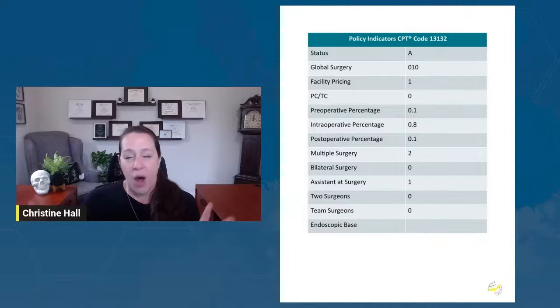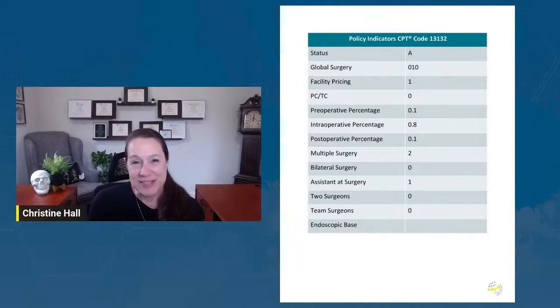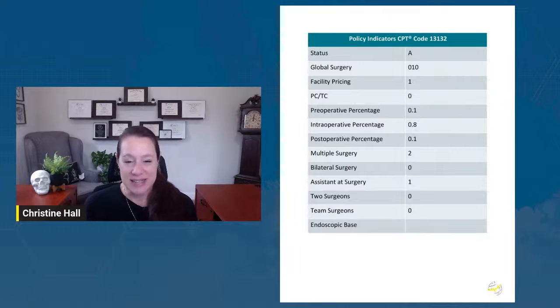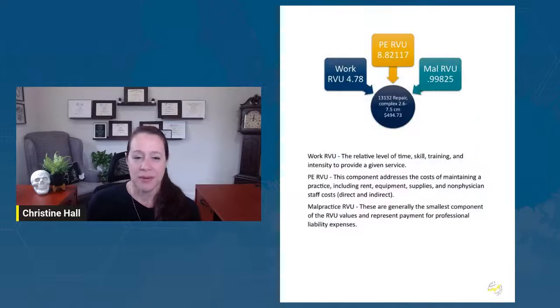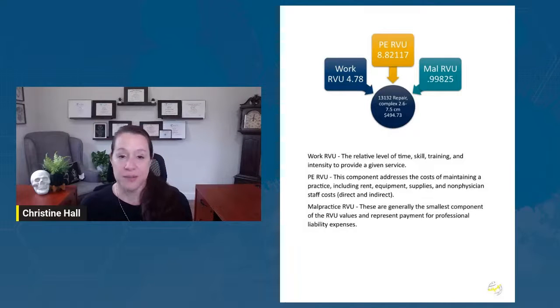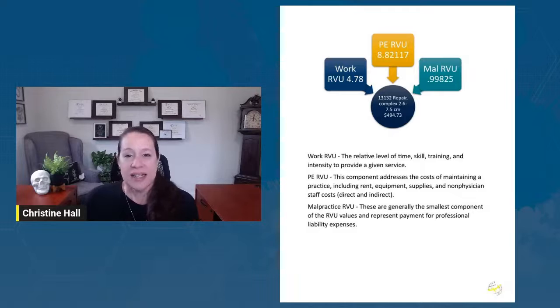Now, all of that into consideration, all of those indicators go into the RVU process, the relative value units. Let's take a look at those. We know that each one of our CPT codes incorporates payment for a work RVU.